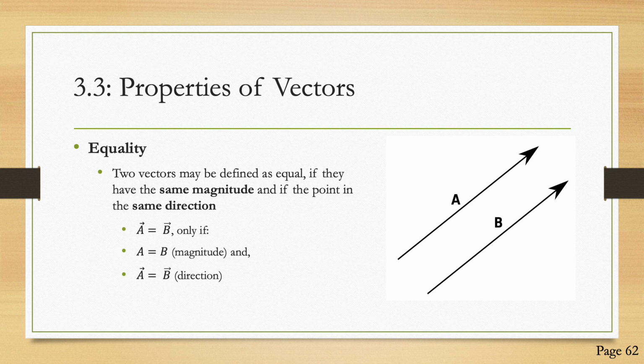Equality of two vectors: two vectors may be defined as equal if and only if they have the same magnitude and if they point in the same direction. Looking at the graphic on the right, vector A is equal to vector B only if the magnitude of A is equal to the magnitude of B, and if the direction of vector A is the same as vector B.